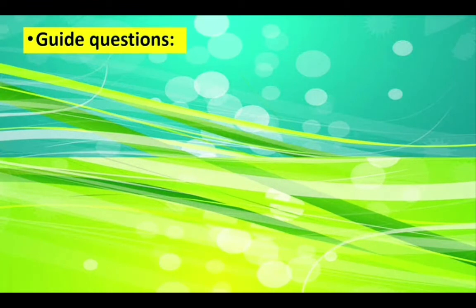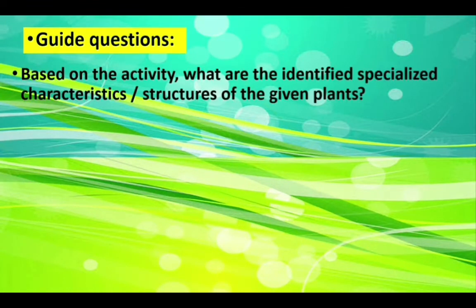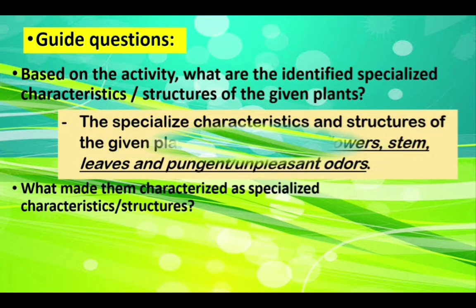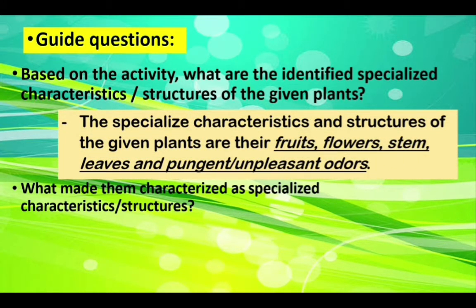Okay, we have guide questions. Based on the activity, what are the identified specialized characteristics or structures of the given plants? The specialized characteristics and structures of the given plants are their fruits, flowers, stem, leaves, and pungent or unpleasant odors.